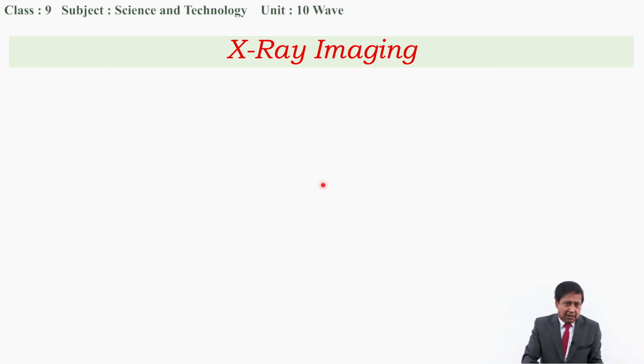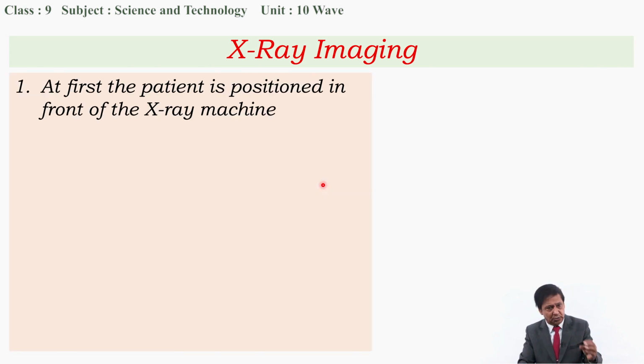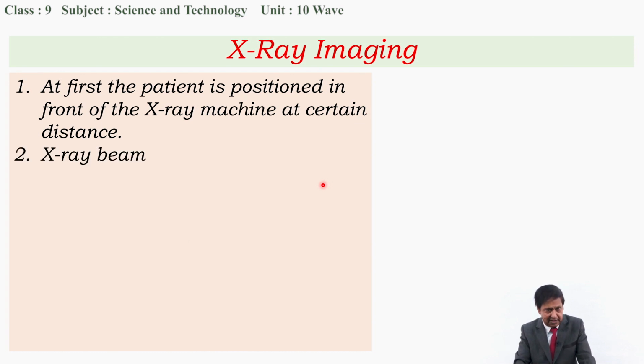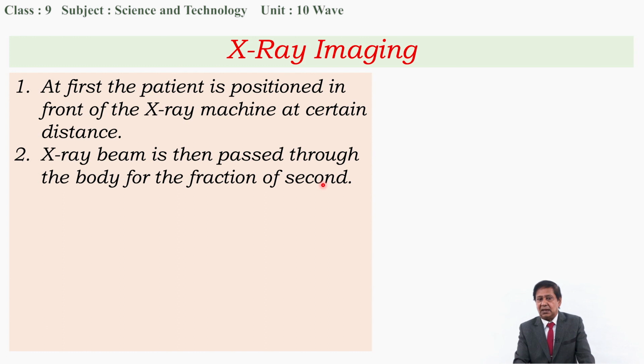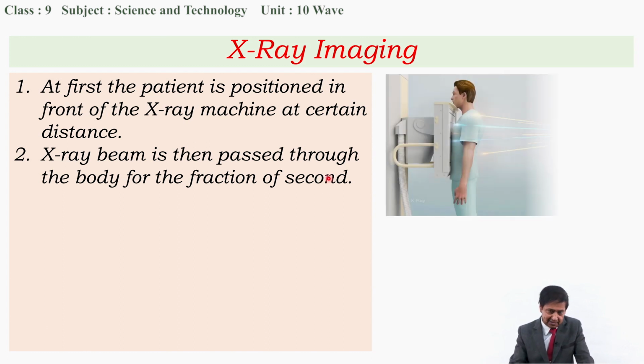Now, let's talk about the X-ray imaging technique, how we do it. At first, the patient is positioned in front of the X-ray machine at a certain distance. An X-ray beam is then passed through the body for a fraction of a second. Look at this.